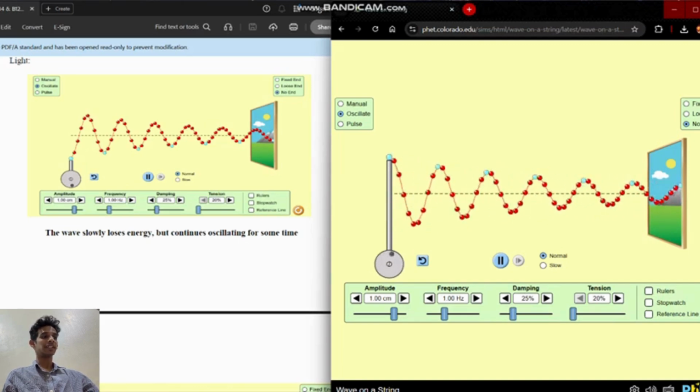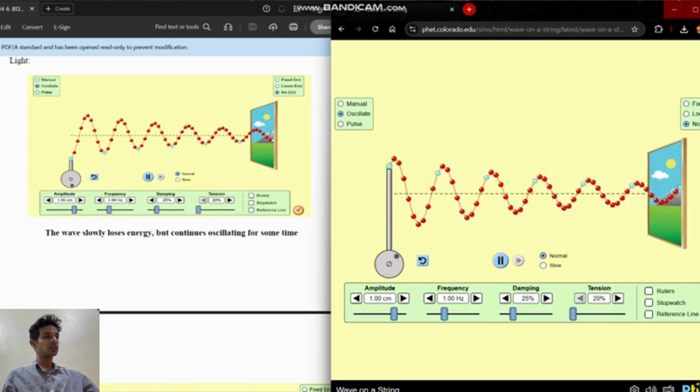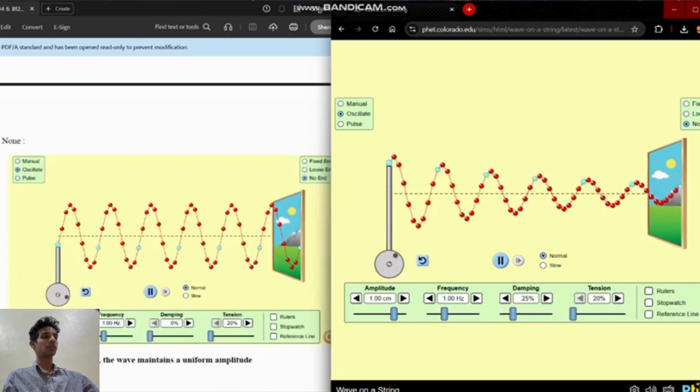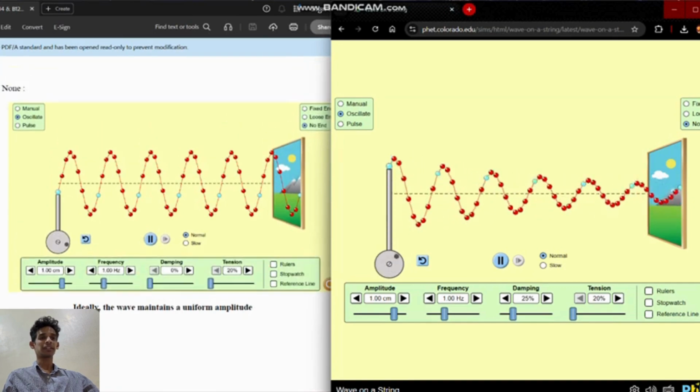The amplitude gradually decreases and the oscillation continues for a longer period. The motion is still visible but weaker. In a real-life example, this is similar to a string slowly quieting down after being plucked.